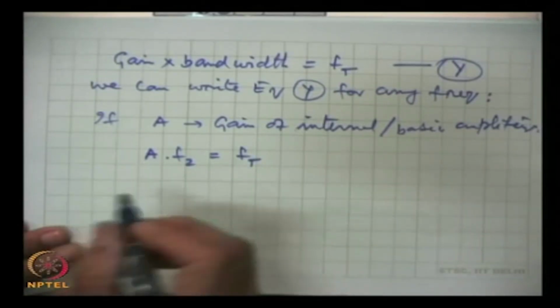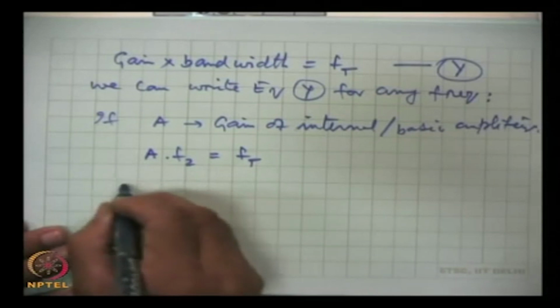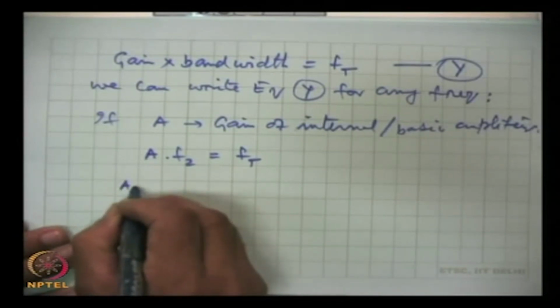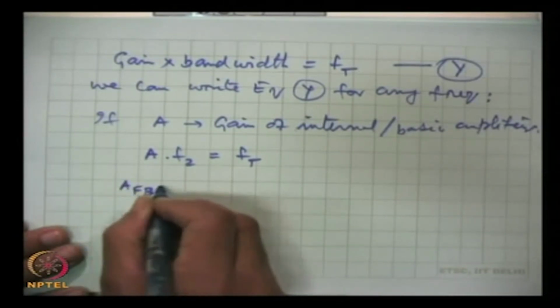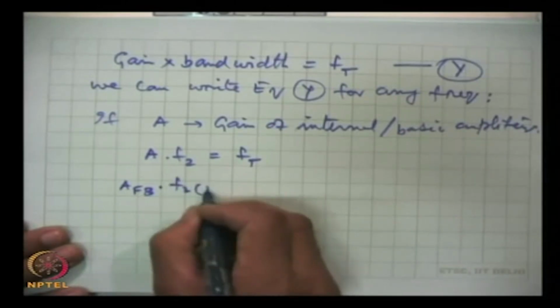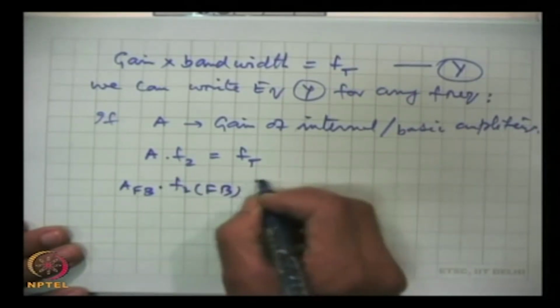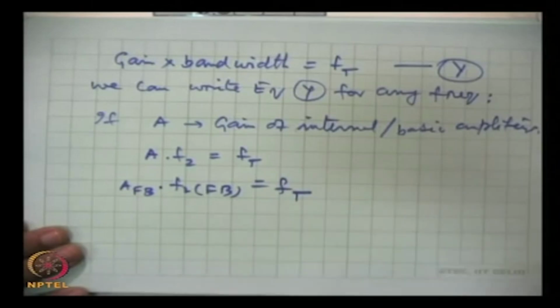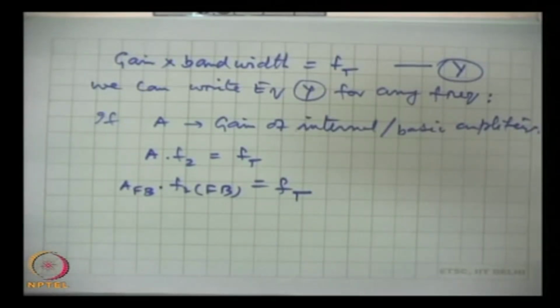And in the same way, for the feedback circuit, A fb into f2 fb is equal to ft. What I am doing, you should follow me.